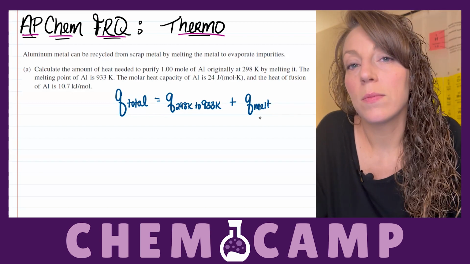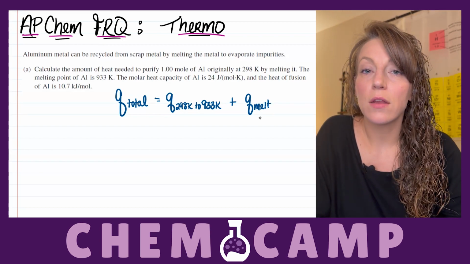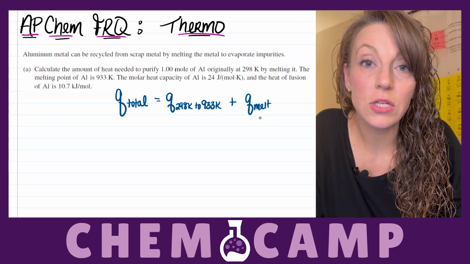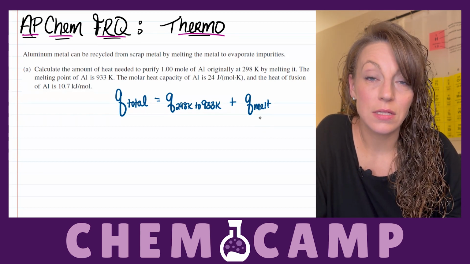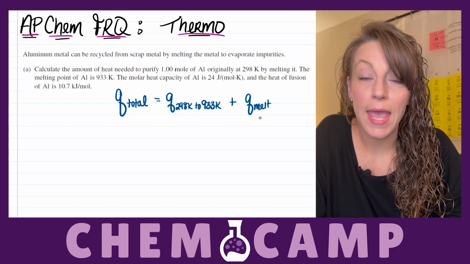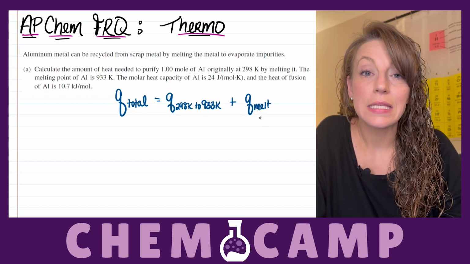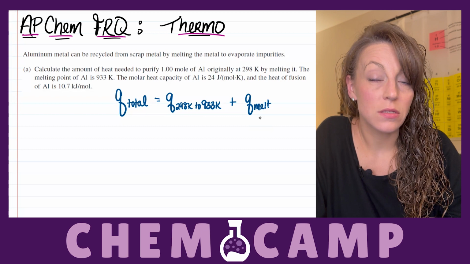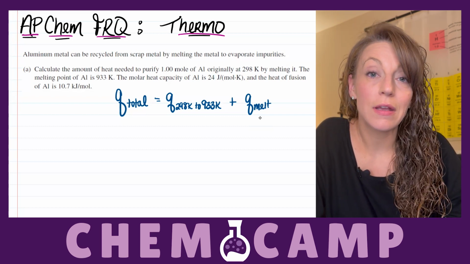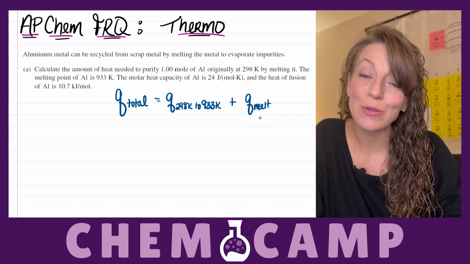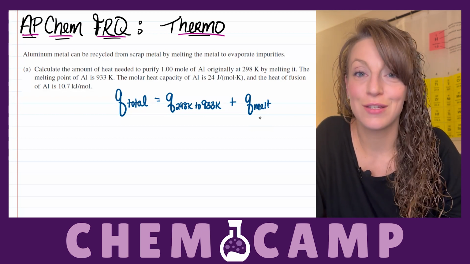They're also being a little bit tricky here because the formula on your AP Chem reference sheet is Q equals M times C times delta T, where M is mass in grams and C is specific heat capacity, which also is related to grams. Here, however, they're giving us moles and your molar heat capacity, which is related to moles.